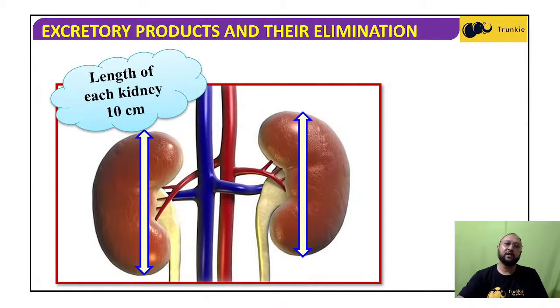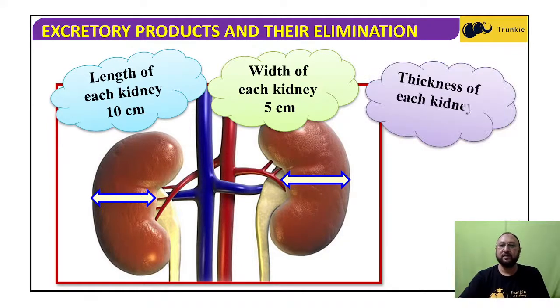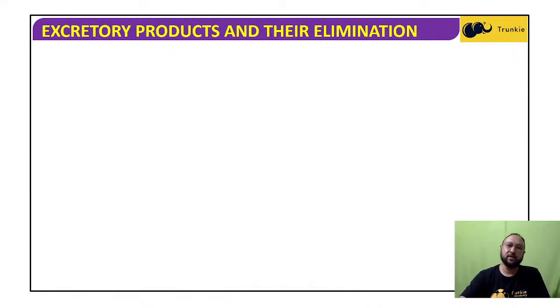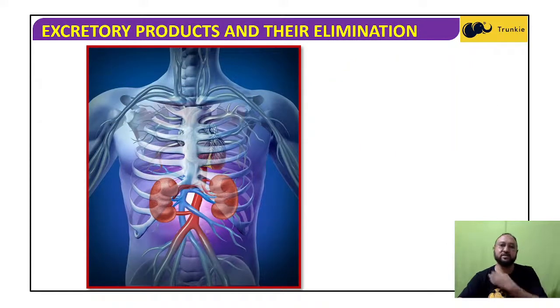The length of each kidney is 10 centimeters, the width of each kidney is 5 centimeters, and the thickness of each kidney is about 4 centimeters. So you can understand the size.